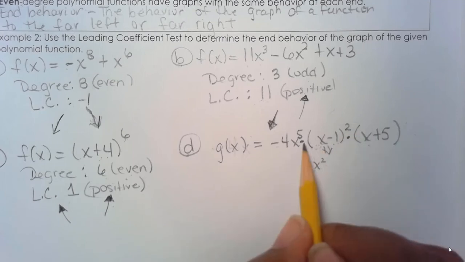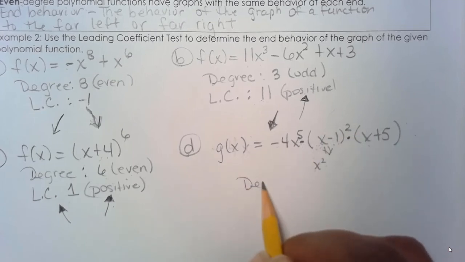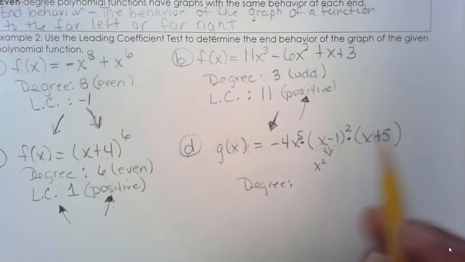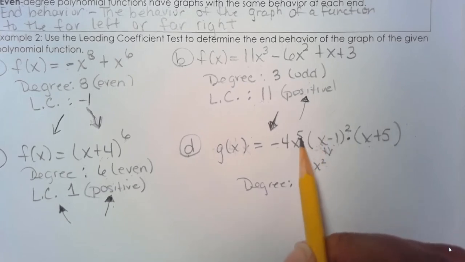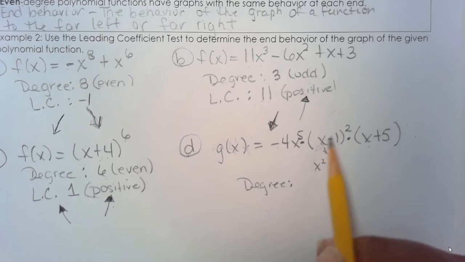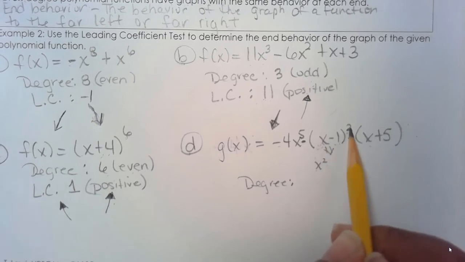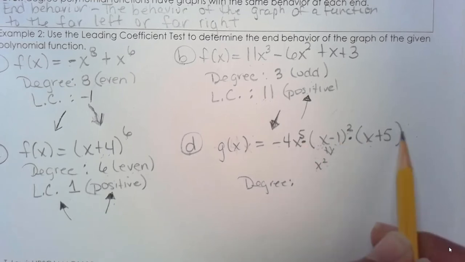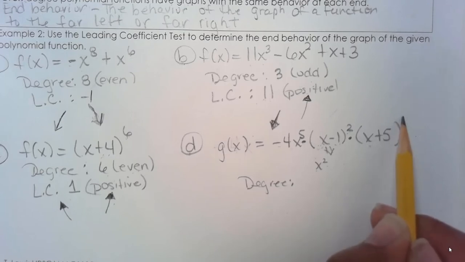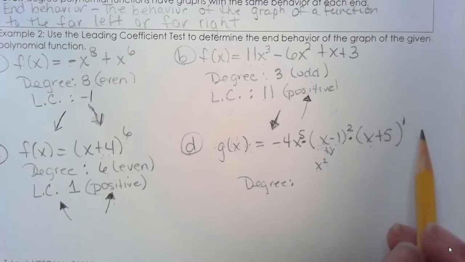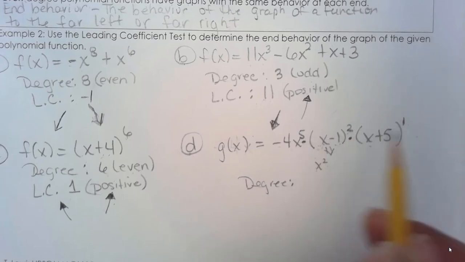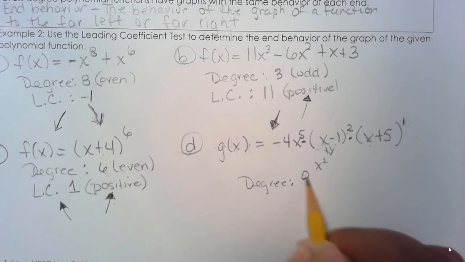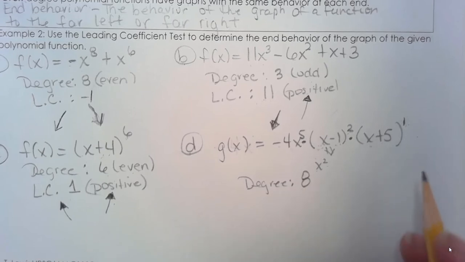So our degree for this example will be, we have x to the 5th, then we have the quantity of x minus 1 squared, so we have a power of 2. So add 5 and 2. That's 7. And then since x plus 5 is being repeated just one time, we have here 1. So 5 plus 2 plus 1, our degree is going to be 8.